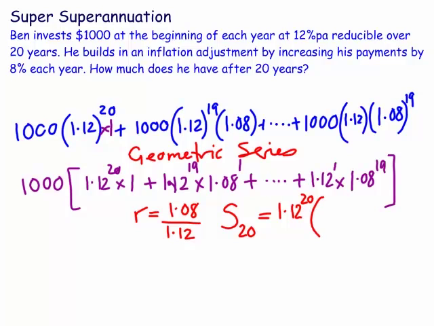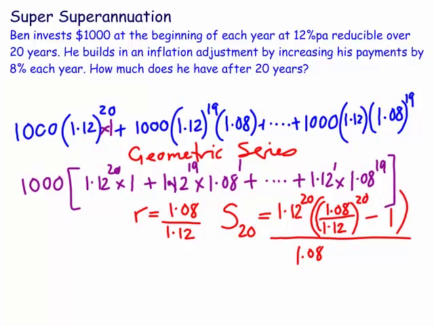The common ratio we just worked out was 1.08 divided by 1.12. Remember, we have to raise this to the power 20 as well, so I'll double bracket that, 20. Now take off 1 using the formula, and divide by 1.08 on 1.12 minus 1. I could swap those around, because that ratio is less than 1, but you will find that the negatives sort themselves out.